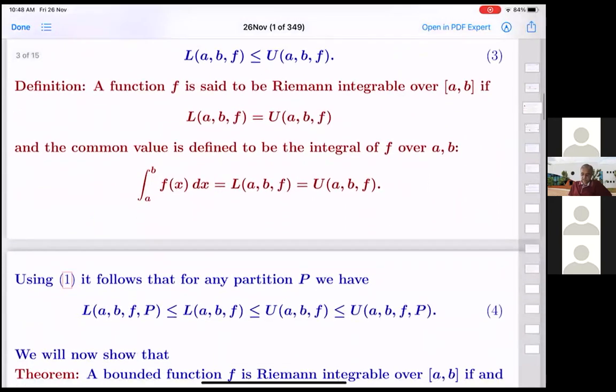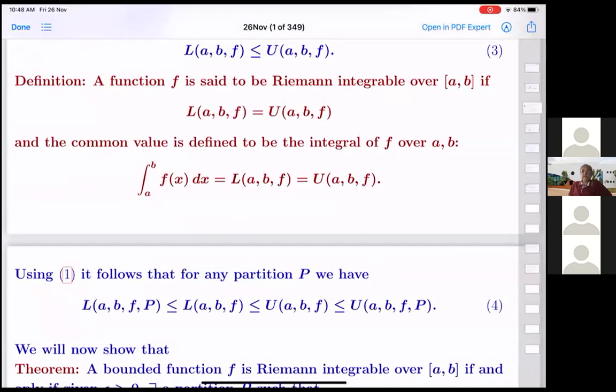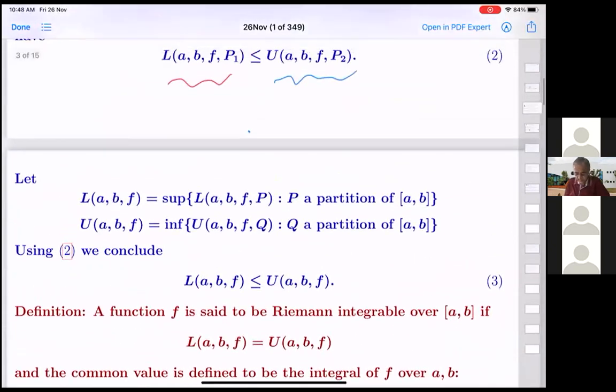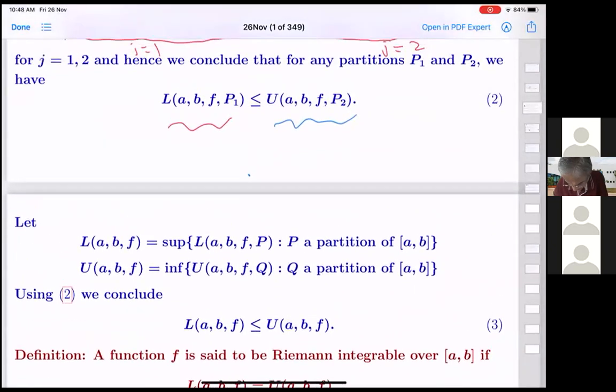From this definition, like the union of all partitions, you're defining as finite, right? You're saying L(a,b) is the supremum of the lower sums L(P), where P is a partition of [a,b].